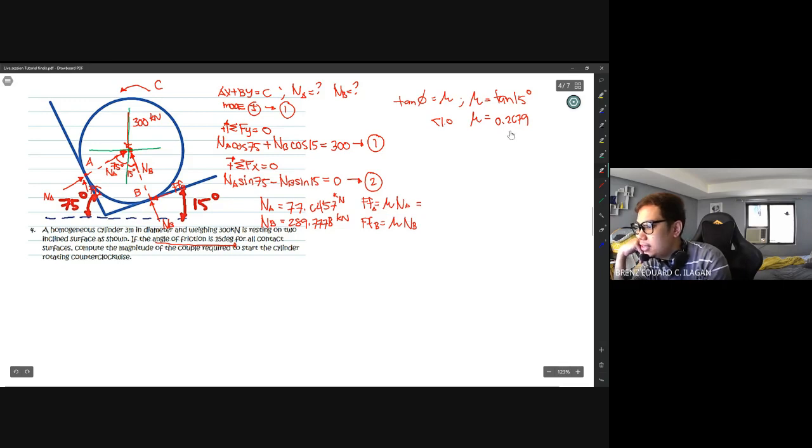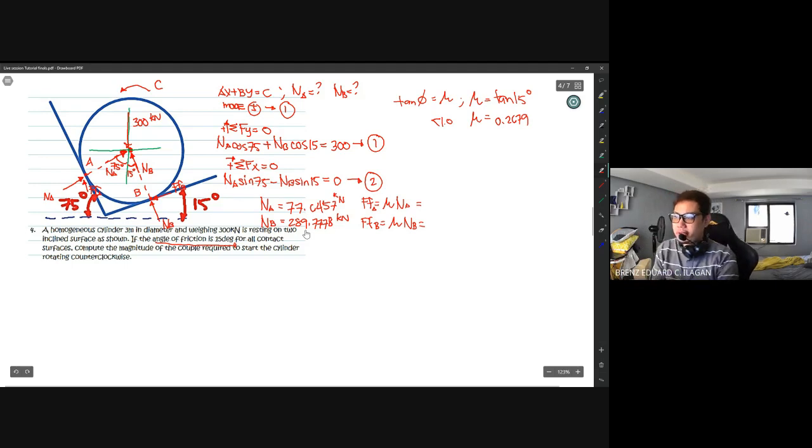So ano yung value natin dito? So yung 0.2679, paki-multiply ako ng 77.6457 para makuha natin yung frictional force. So yung 0.2679, multiply mo lang ng 289.777.